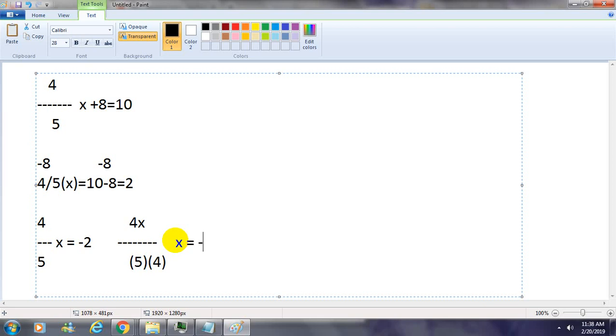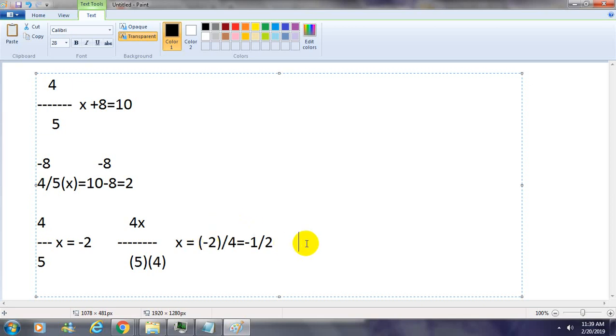Now, whatever we do on this side, we have to do on this side divided by 4. And that's equal to what? 2 divided by 4 is 1/2, a half.